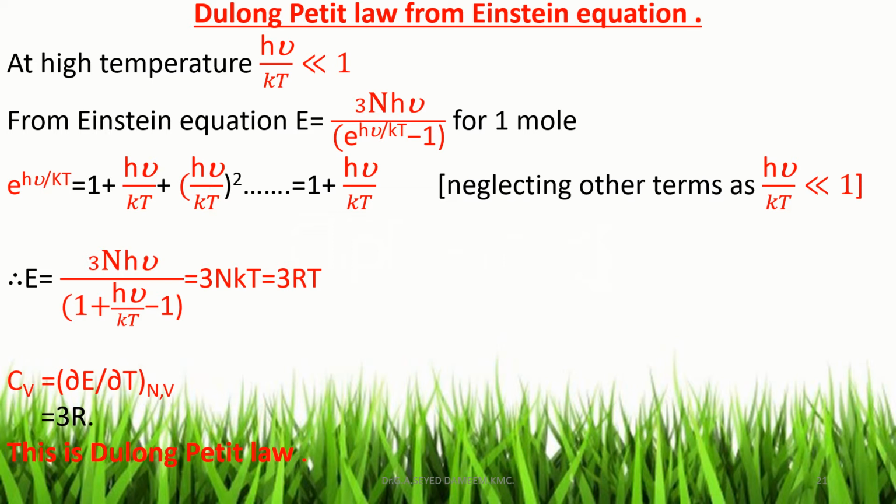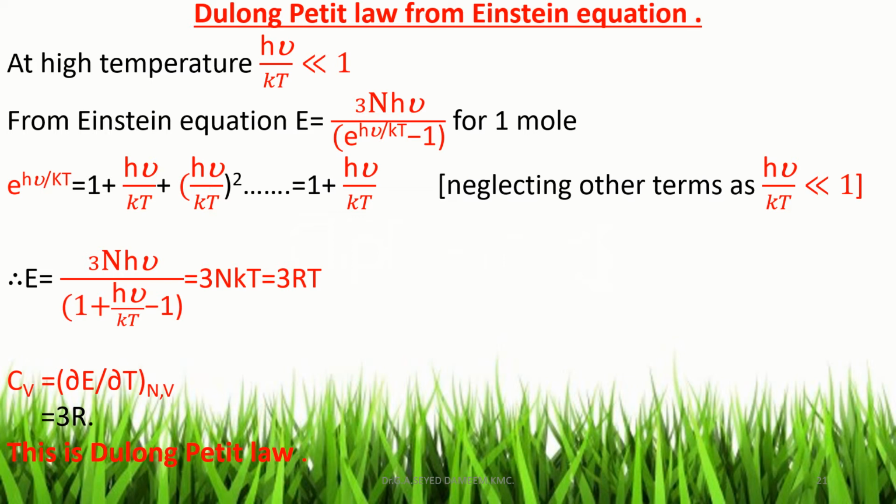On substituting this value in the energy equation, E is equal to 3N h nu divided by, in the place of e power h nu by kT, the value 1 plus h nu by kT, minus 1.